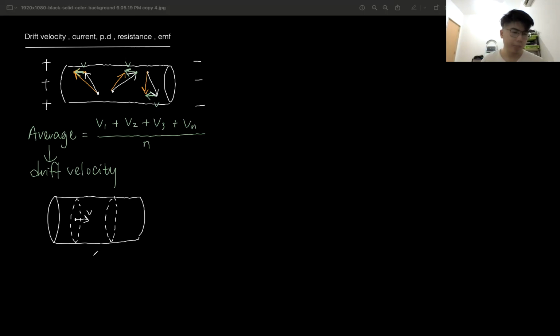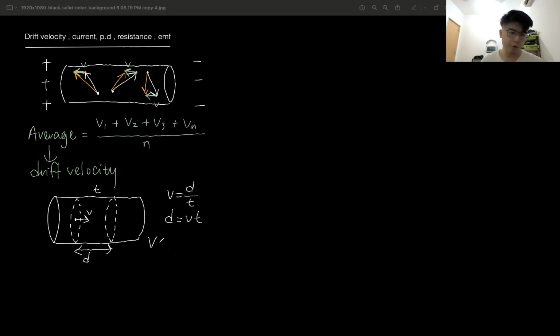Here, it traveled a certain distance, d, in a given time, t. Using speed, distance, time, we can write velocity equals displacement over time. And we adjust it a bit, d equals vt. So that's the distance.